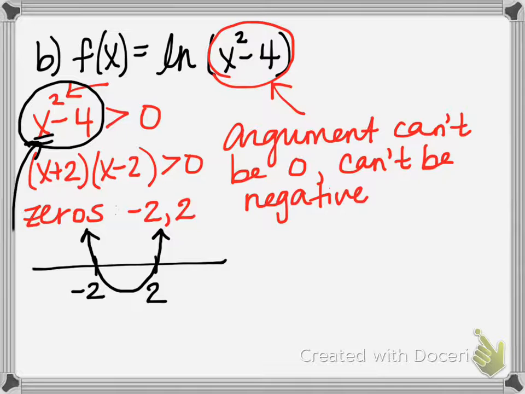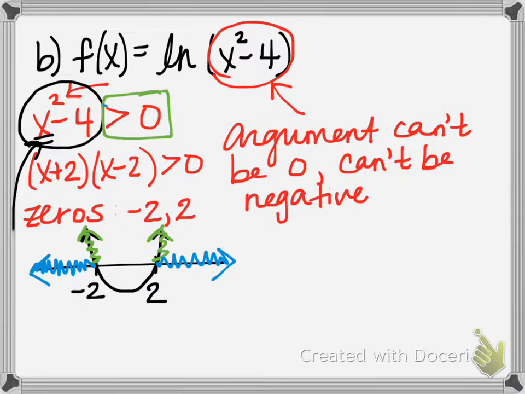So if we are interested in finding the portion that is greater than 0, that's like asking for the portion of the parabola that is above the x-axis. And there are two pieces of this parabola that lie above the x-axis. So that's going to tell us that our domain values will be all the values to the left of negative 2, smaller than negative 2, and all the values to the right of positive 2.